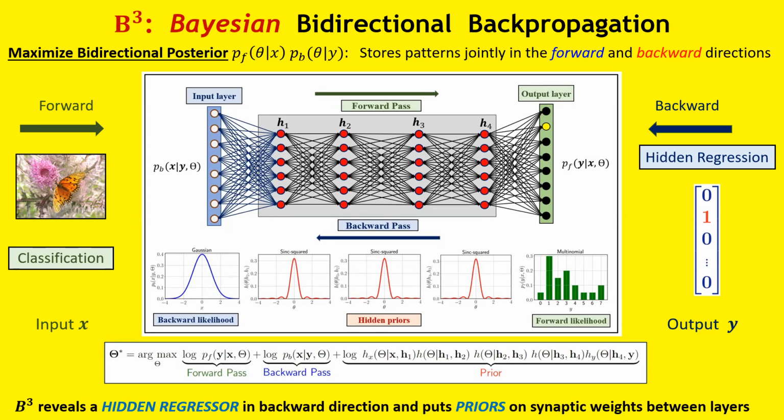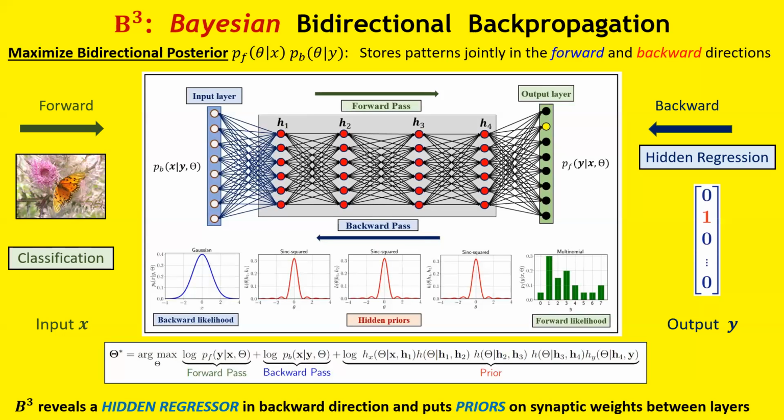And therefore, that's a regressor. That is a type of function approximation. So the bidirectional structure reveals a hidden regressor in the backward direction. And the probability structure of those identity neurons is just a vector normal. Therefore, its negative log likelihood is just squared error.